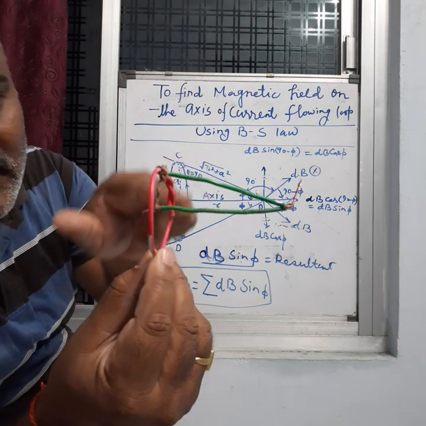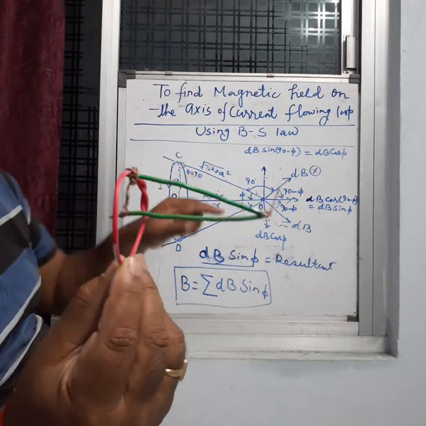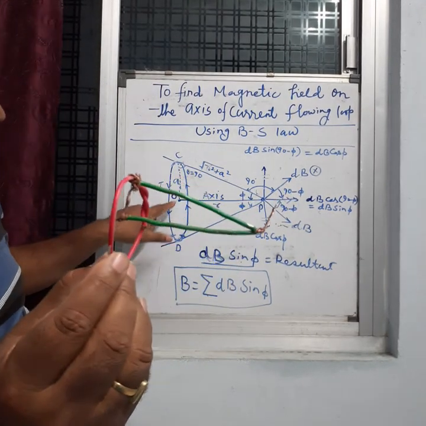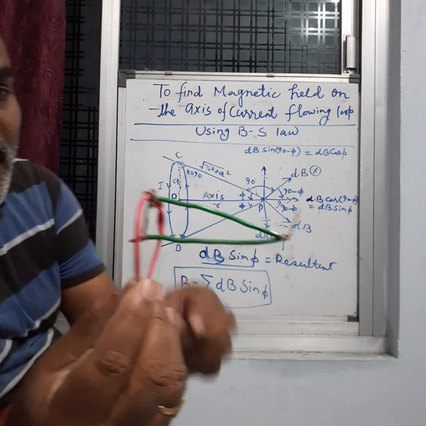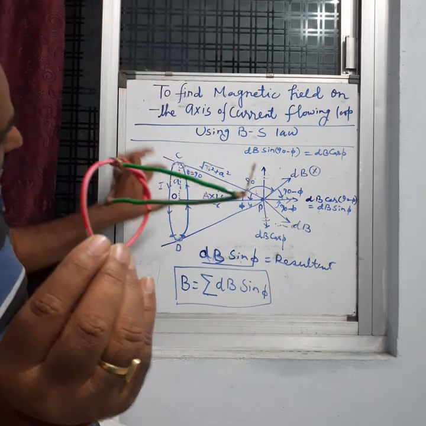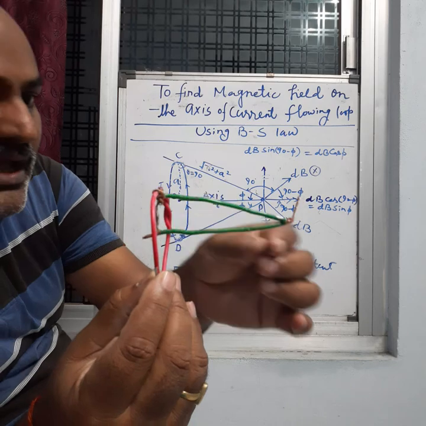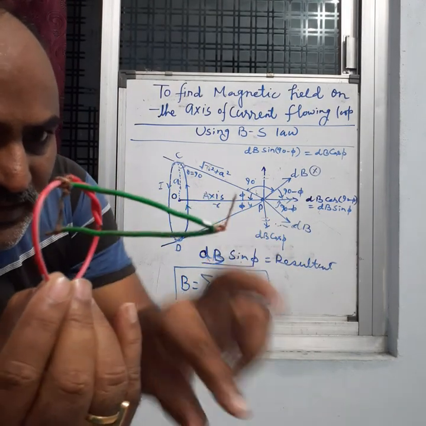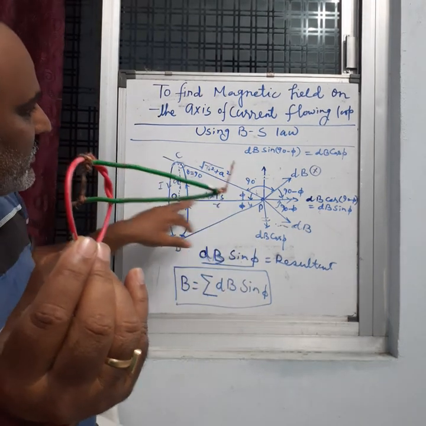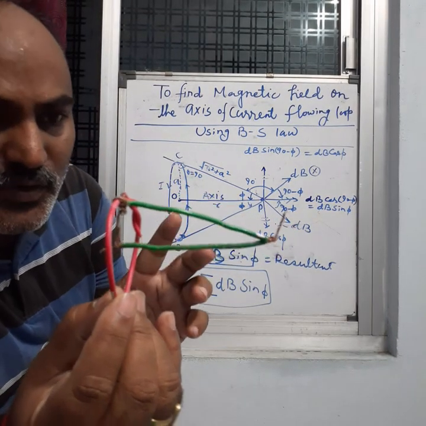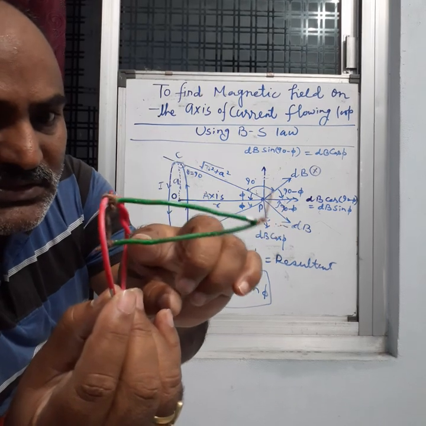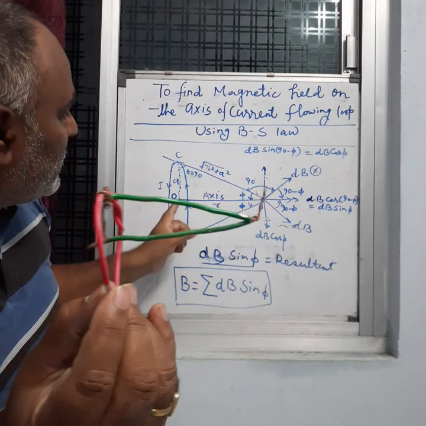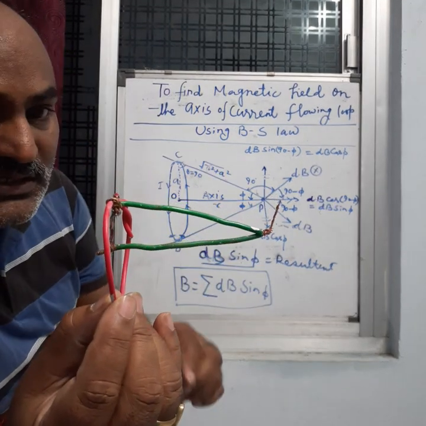This red color ring is the circular current flowing loop, and this one is the center O. This small one is the radius a. Clear? And this point is P. Now this is the distance from the center to the point P, let us call it r.